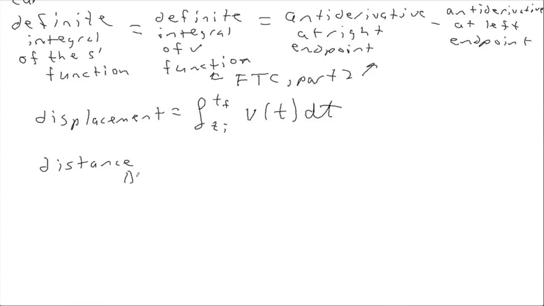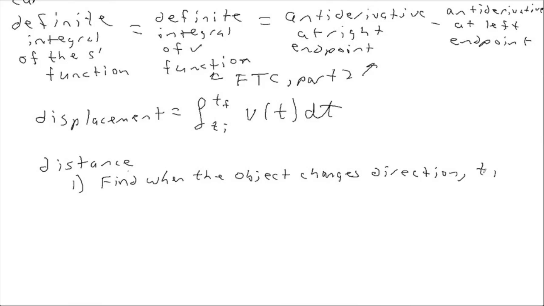Okay. Now, how would we find distance? Distance is going to be a little more complicated. There's a two-step process. First of all, step one, we have to find where the object changes direction. Let's call that T1.